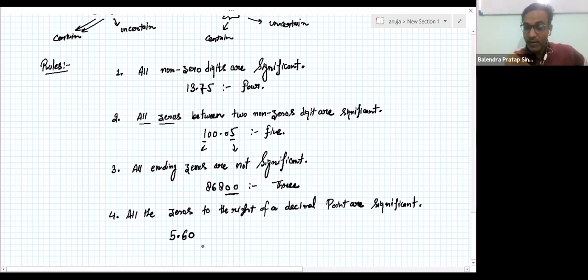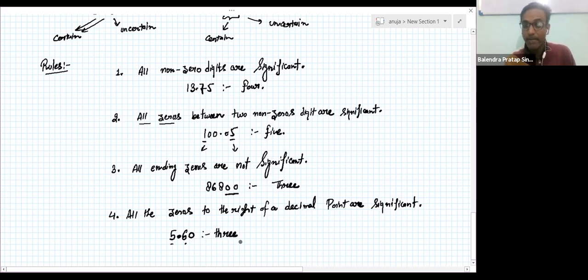So here 5 and 6 are significant. But the fourth rule says all the zeros to the right of a decimal point. So here the decimal point is here, and you have to consider all the zeros which exist on the right hand side of the decimal point. The total significant figures here are 3.